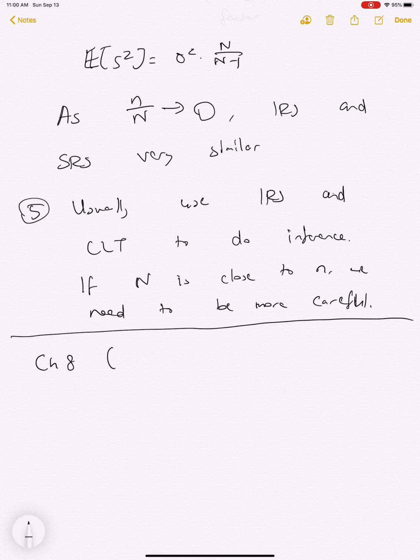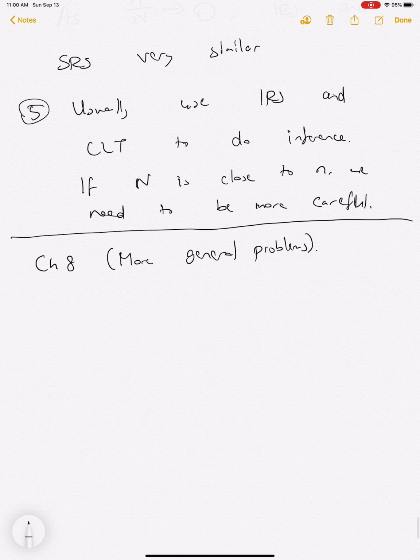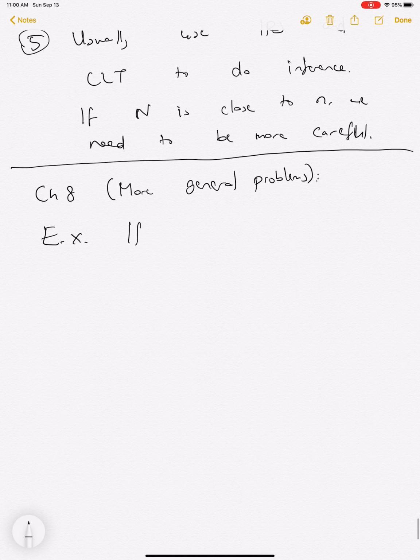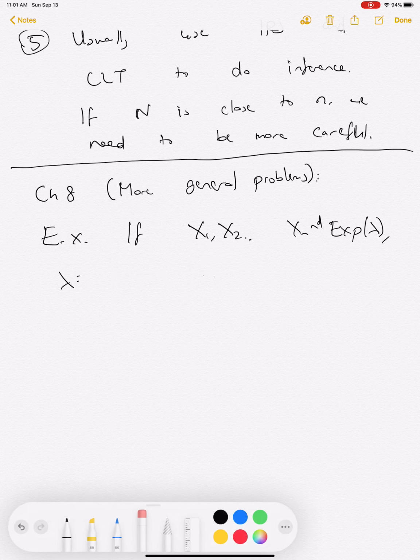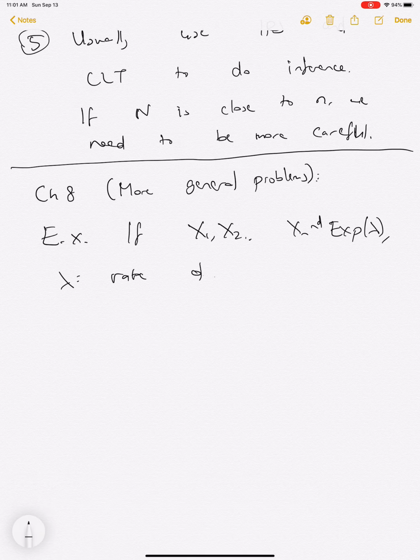So chapter 8 is more general problems. We're looking at questions like, for example, if we want to estimate lambda.